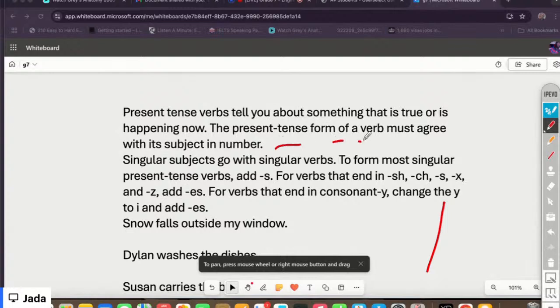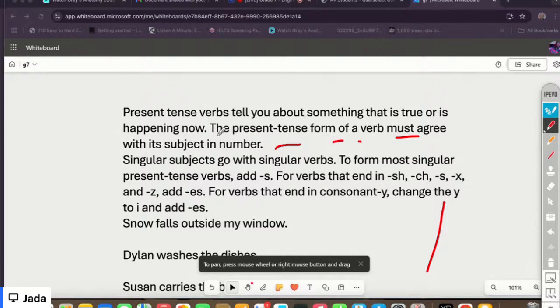The present tense form of a verb must agree with its subject in number. So it's just like saying that the present tense form must agree with the subject.